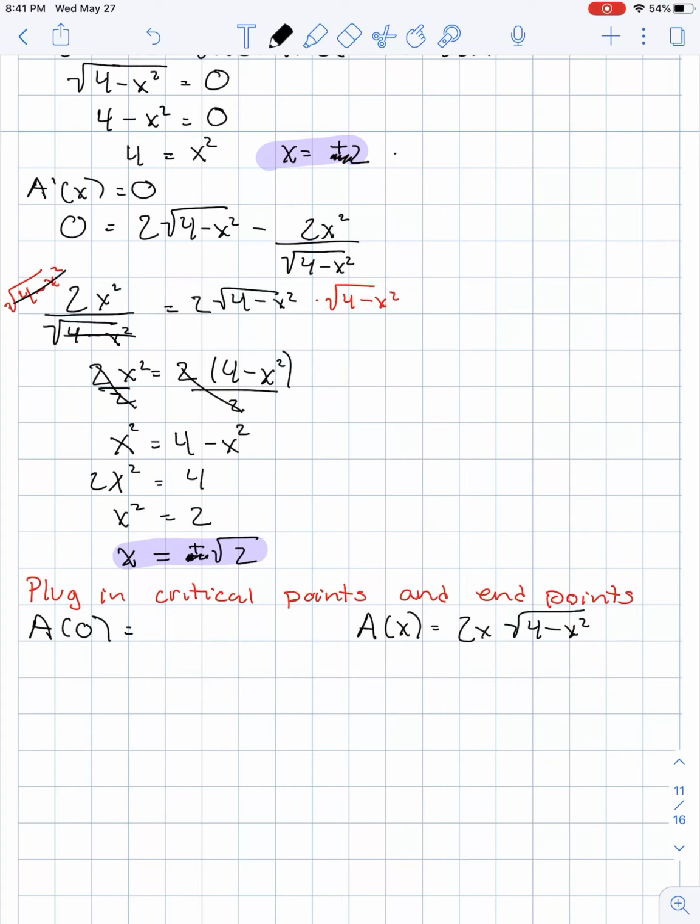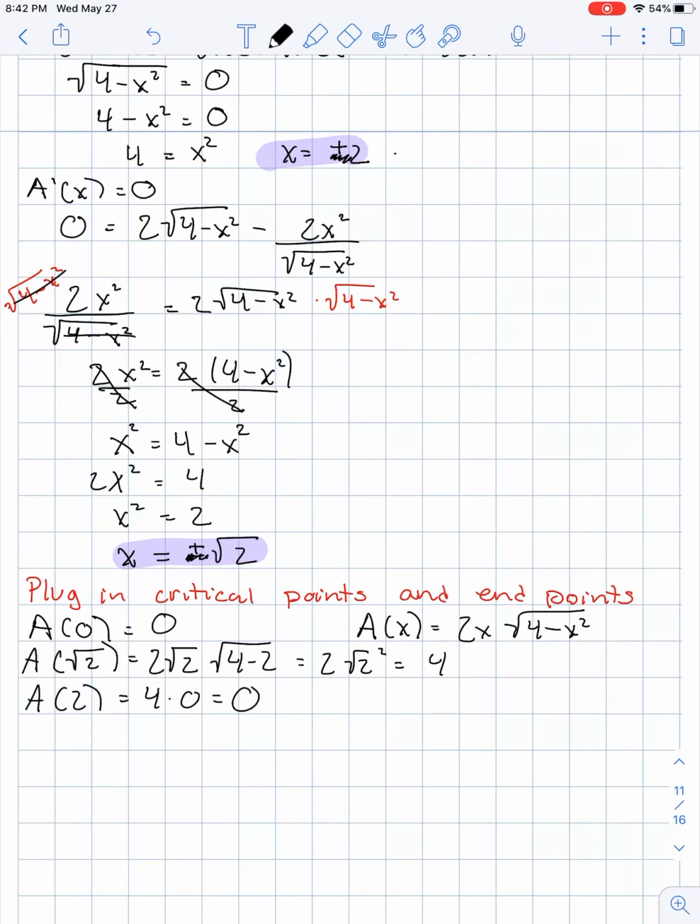So if I plug in 0, I get 0 times square root of 4. That's just 0. Then at the square root of 2, I get 2 root 2 times the square root of 4 minus 2, which is just the square root of 2. So I get 4. And then if I plug in 2, then I'll get 4 times 0, which is just 0. It's funny how the endpoint just gives me 0.